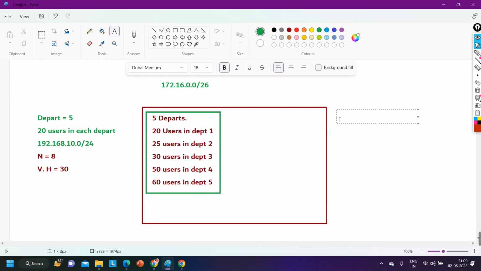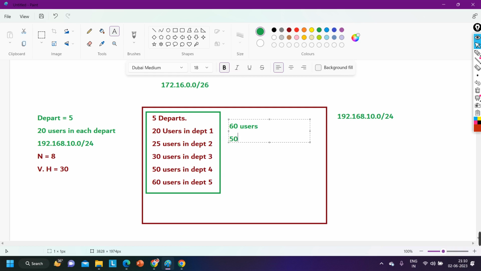Okay, if I have one IP address, let's say from class C, 192.168.10.0/24. First of all, to perform VLSM, we need to arrange our requirement in descending order. In which department do we need more IP addresses? Department 5 first, so we put it on top: 60 users.